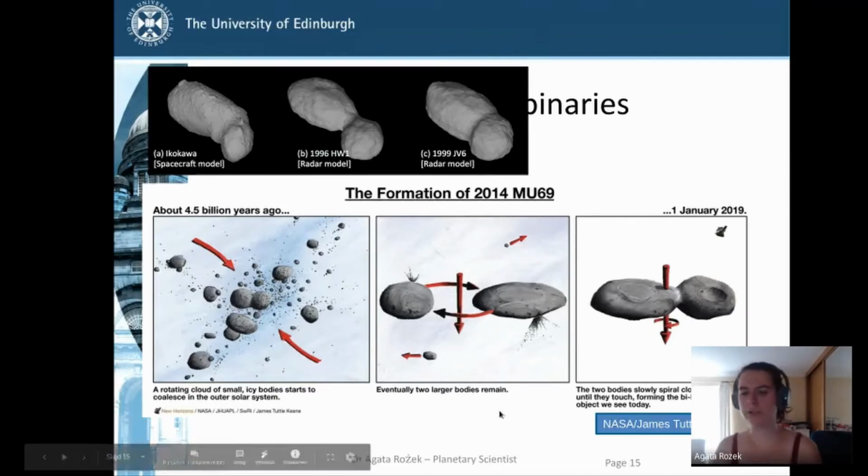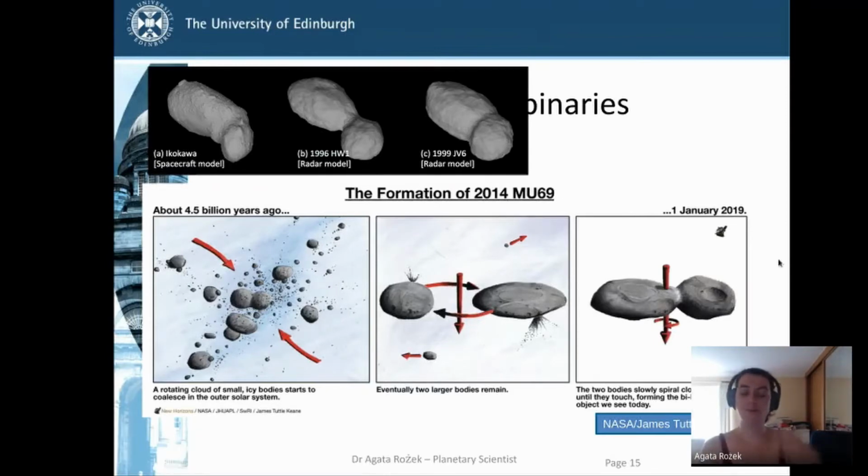It's shown here on an example of not a near-Earth asteroid, but asteroid Arrokoth, which is quite far in the solar system. It's one of the trans-Neptunian objects. But the mechanism seems to be similar.